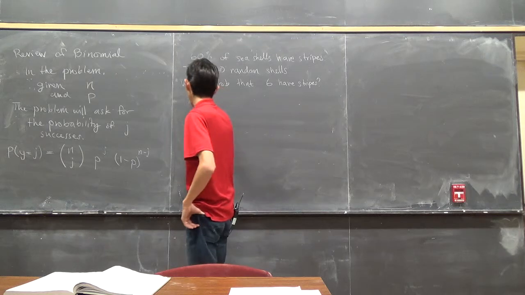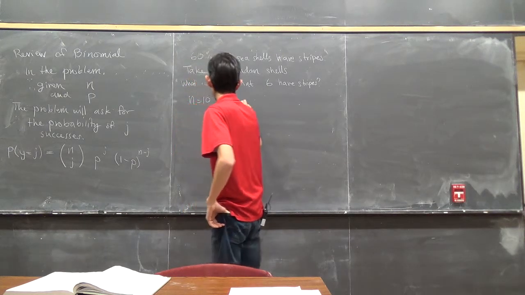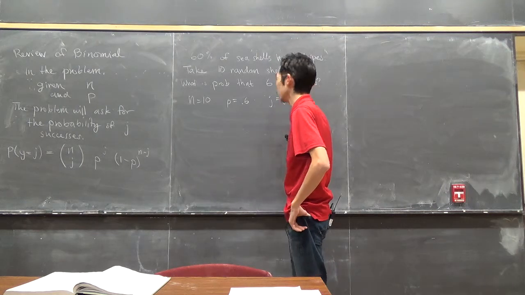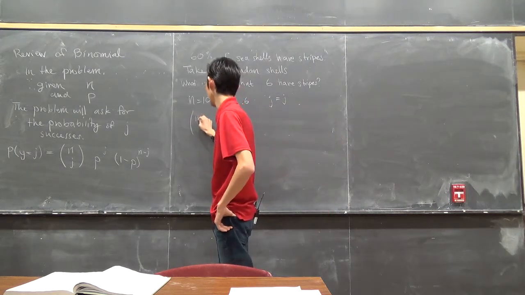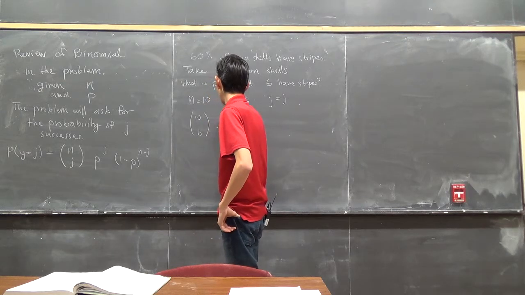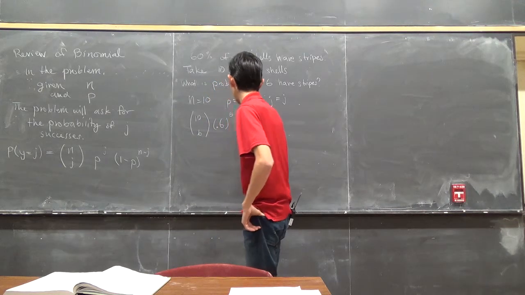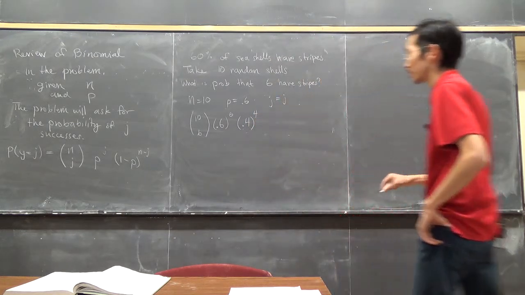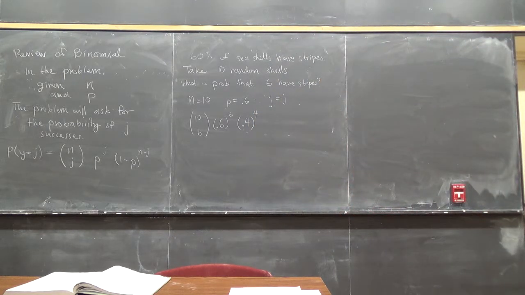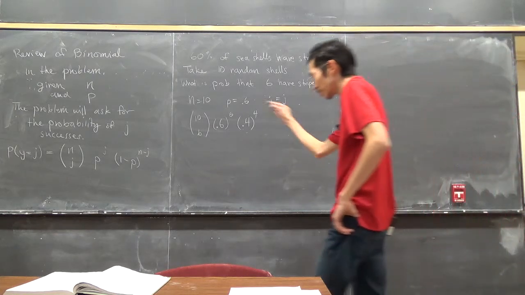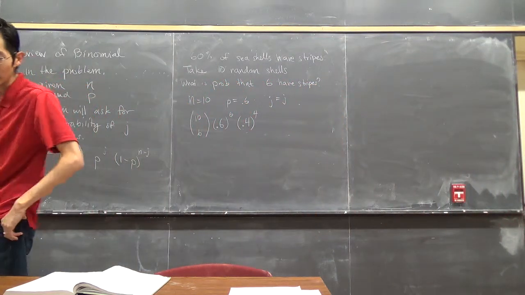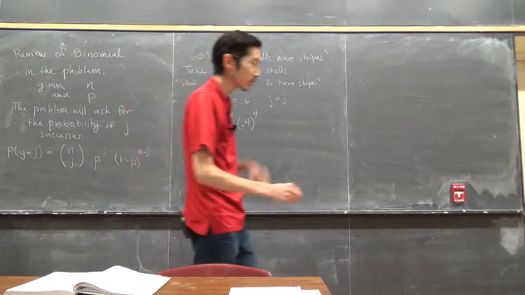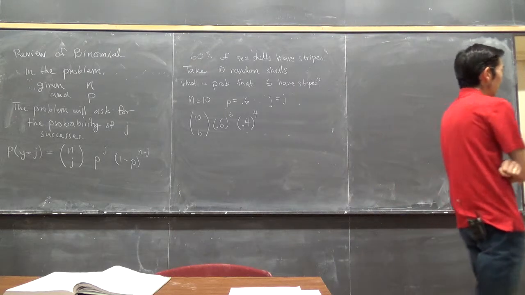In this case, we have n equal to 10, p equal to 0.6, 60%, and here we're asking for j equal to 6. So we would do 10 choose 6, 0.6 raised to the 6, and 0.4 raised to the 4. I probably should have picked different numbers so we don't have so many 6s and 4s, but anyway, you plug that into your calculator, you get an answer.